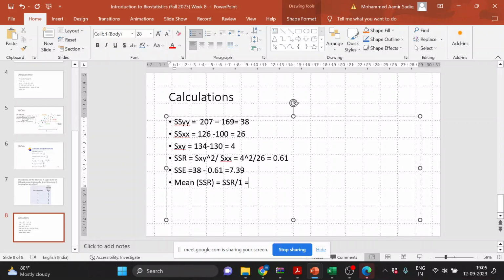So that's 0.61 divided by 1, which is 0.61. So that's your mean SSR.